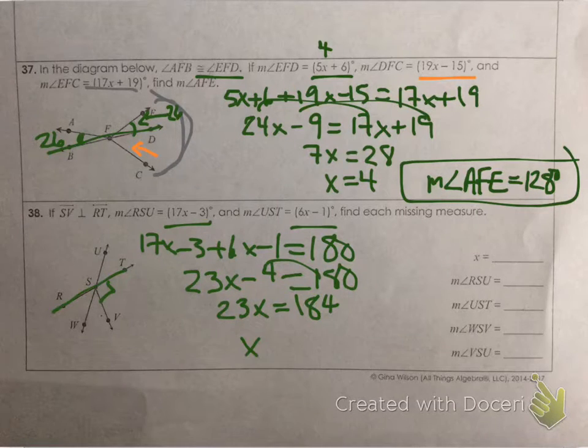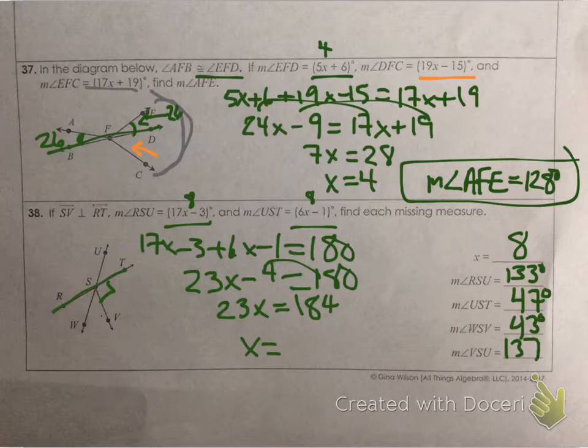Divide, and you get x is equal to 8. Okay, you plug the 8 into RSU. Put the 8 here, and you should get 133 degrees. Put the 8 here for UST, and you should get 47 degrees. And then if you start figuring out from there, you should be able to find out 43 degrees just using some common facts, 137 degrees, and you're done from there.